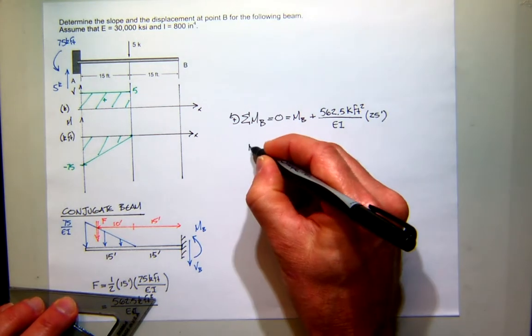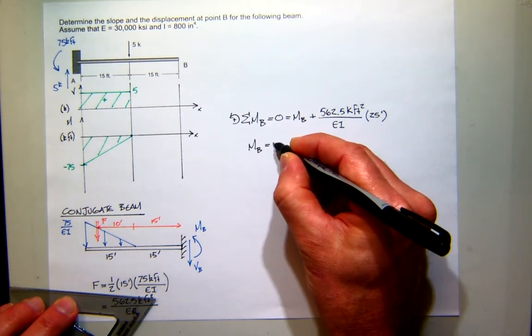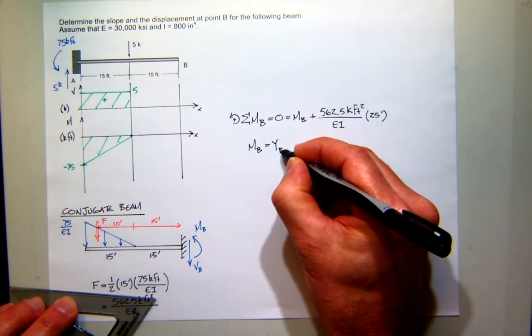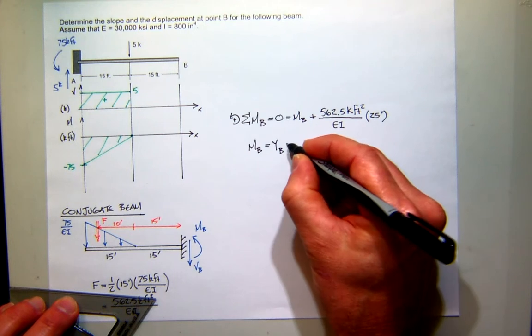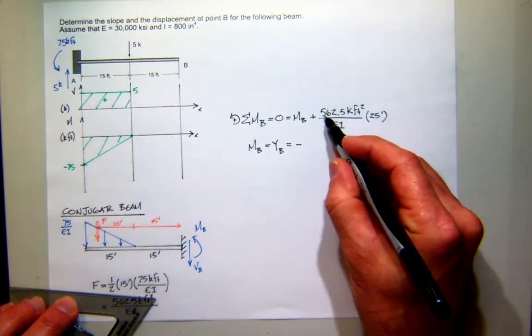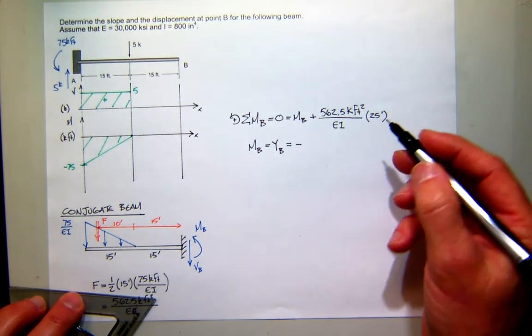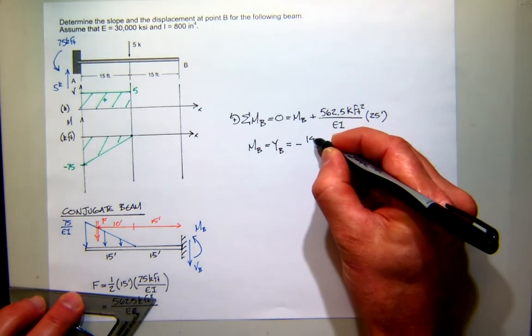So it looks like my moment at B, which is really my displacement at B, is equal to negative 562.5 times 25, which is 14,062.5.